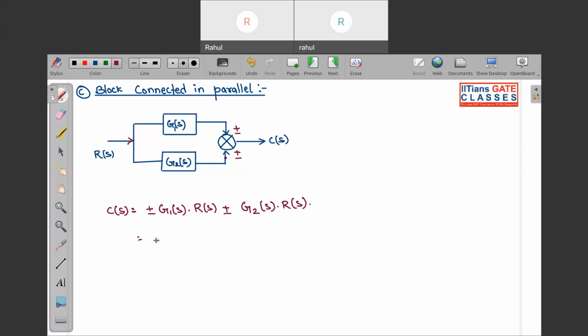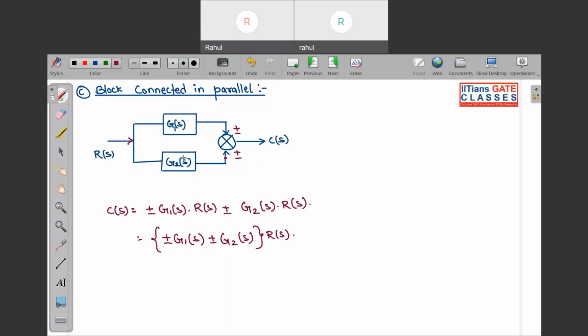So we can write it like this: plus minus G1(s), depending on whatever is the sign of G1(s) and G2(s), we can write it like this.